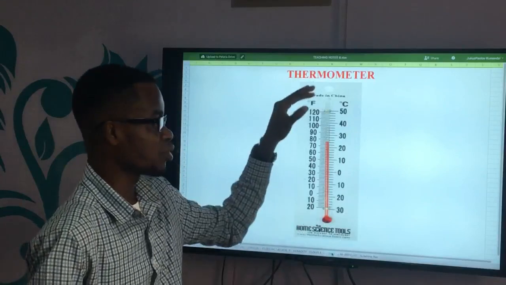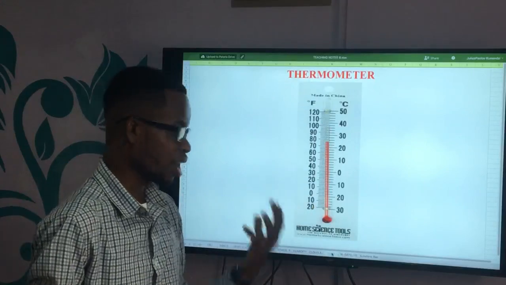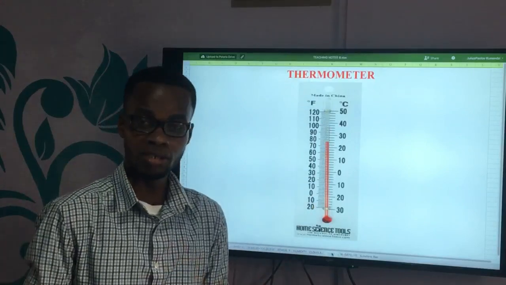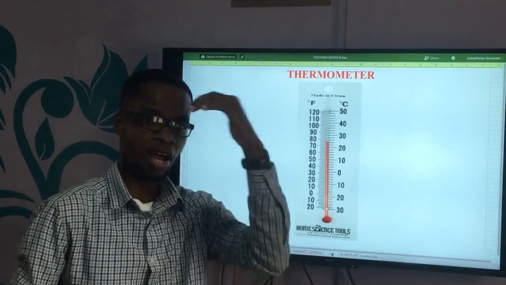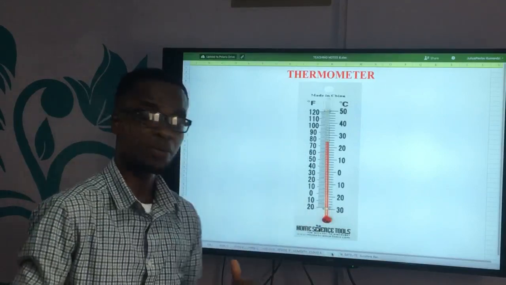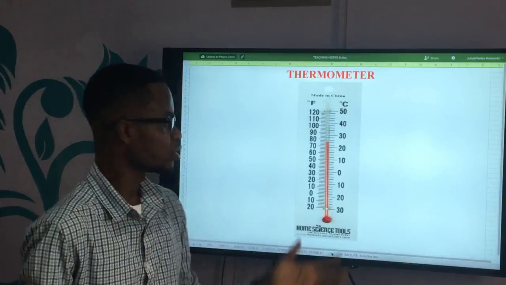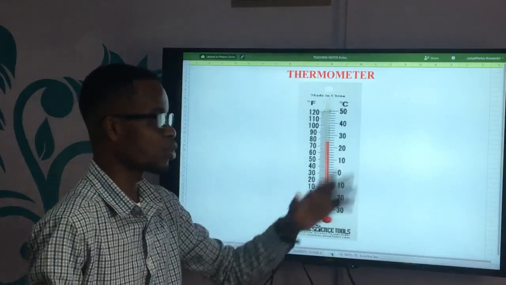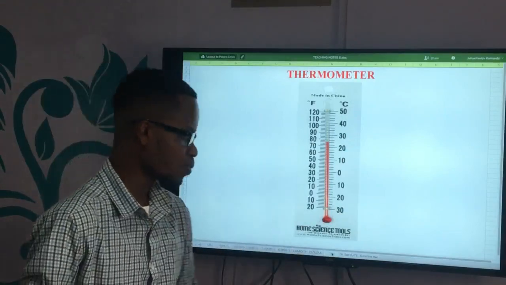But when you come to Fahrenheit measurement, that is different. I think with Fahrenheit, it boils at 212 Fahrenheit, and the freezing point is 32 Fahrenheit. So you can use both units, or you can just stick to one.